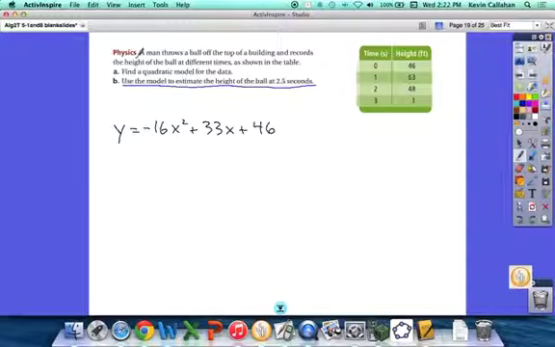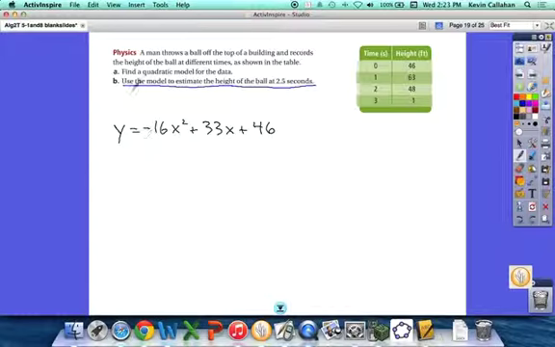So at 0 seconds, right, just when he's letting go of the ball, it's at 46 feet high. So what is that telling you? The height of the building. He must be on a building that's 46 feet tall, or he's at some point 46 feet high, right? And then for 1 second, 2 seconds, and 3 seconds, we had these heights, and that gave us this here.